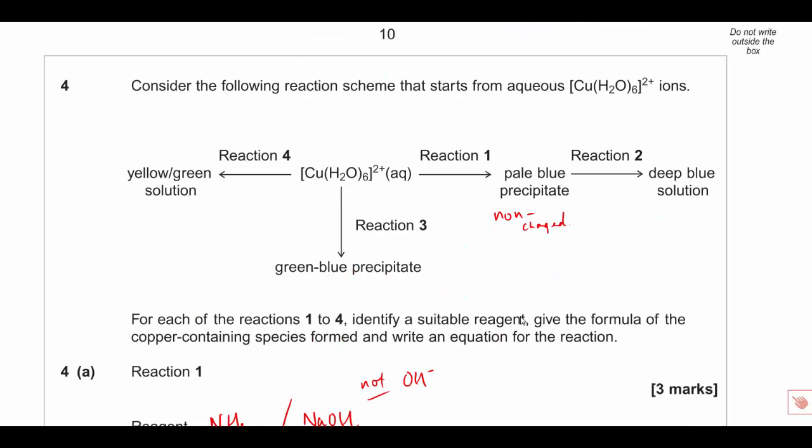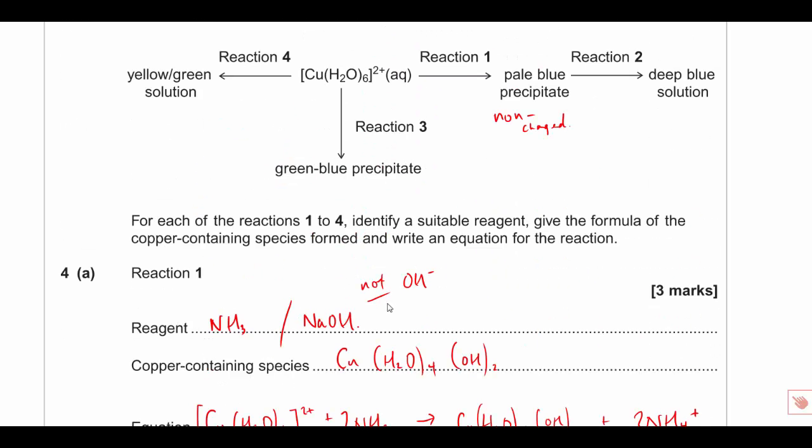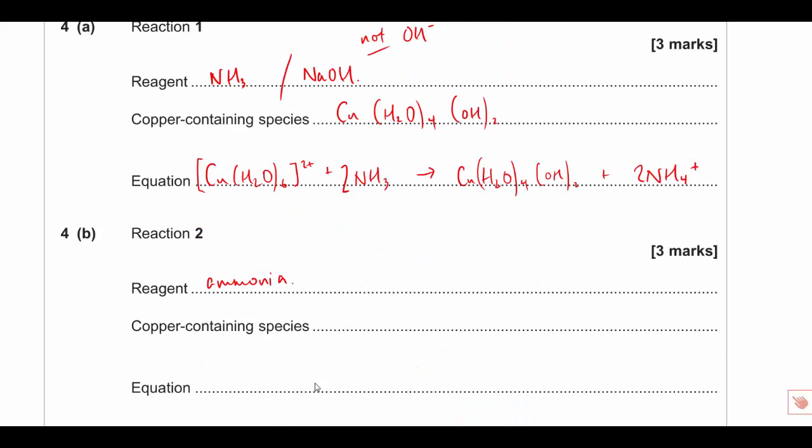Okay, reaction 2. What's reaction 2? So the powdery blue precipitate turns into a deep blue solution. So the reagent, ammonia, we'll stick with that one. So we're going to go ammonia, and in this case it's the amine version, when the ammonia actually comes in and gets some substitution going on.